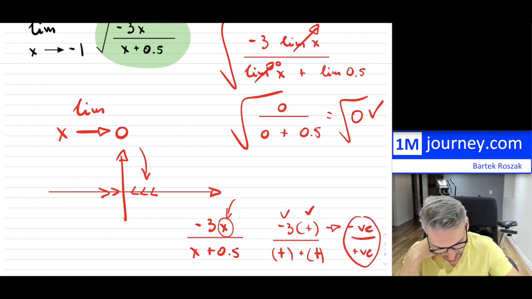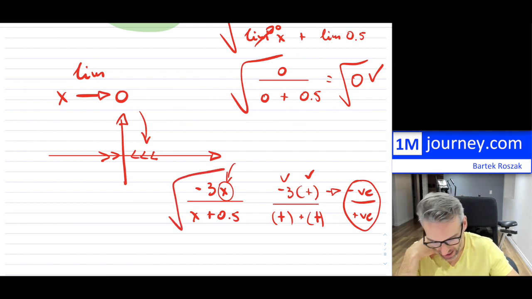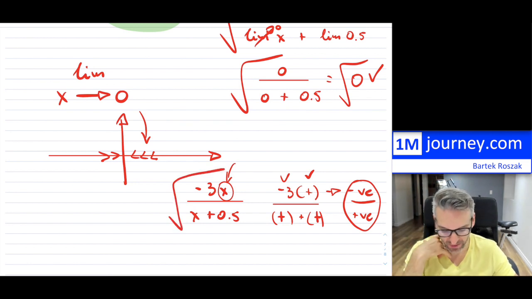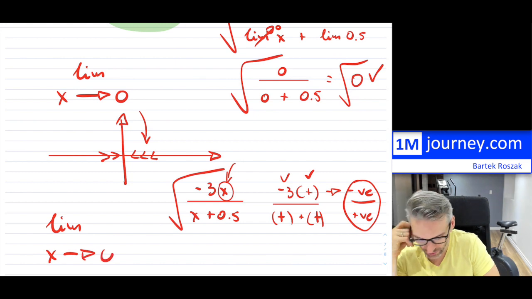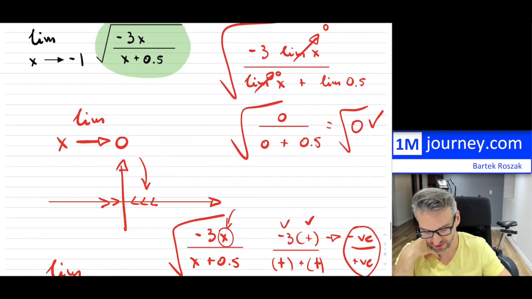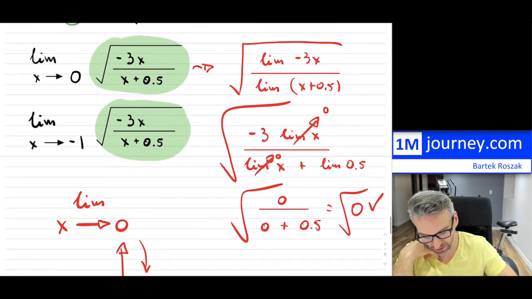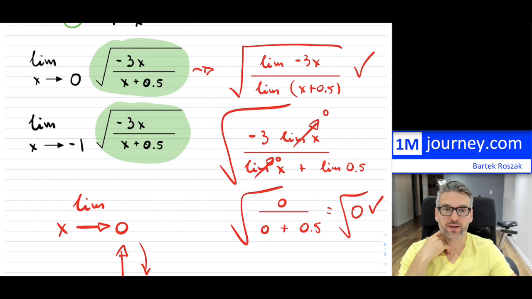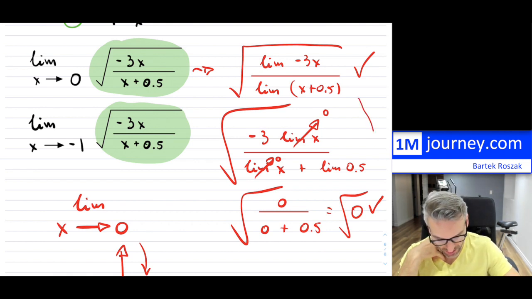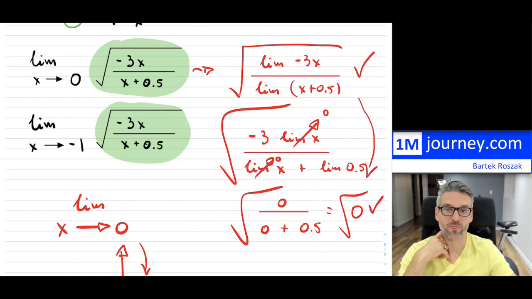So this is a positive. So what we have is a negative number, but we're trying to take the radical. We're trying to take the square root of that, but the square root of a negative number doesn't actually exist. So the limit as x tends towards 0 from the right-hand side actually does not exist for this. But yet, if we blindly applied these properties, we would have run into trouble, because we would have said this is equal to 0.